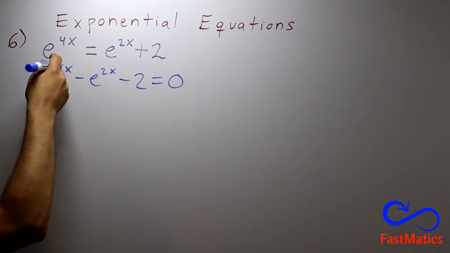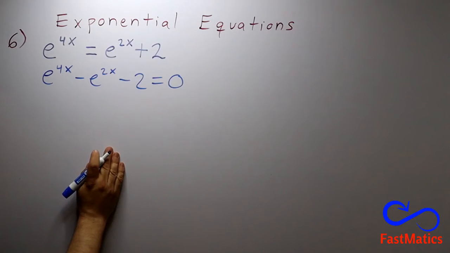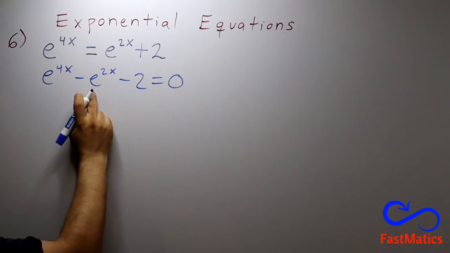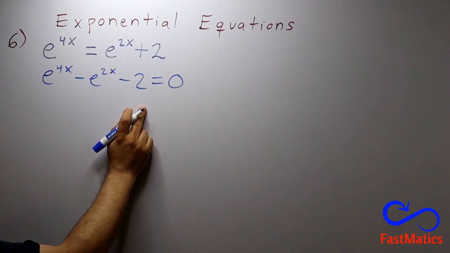We change our signs when we pass to the left side. And now we see that we have a trinomial that could be factorized.